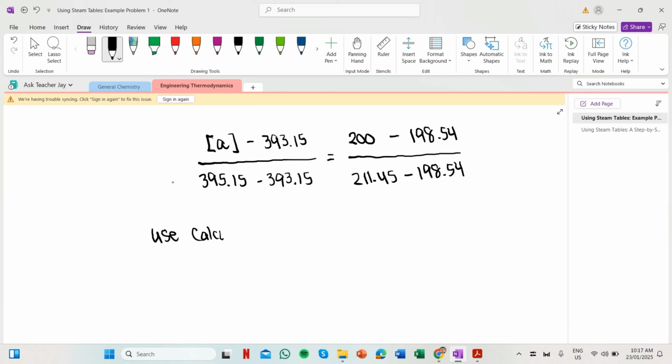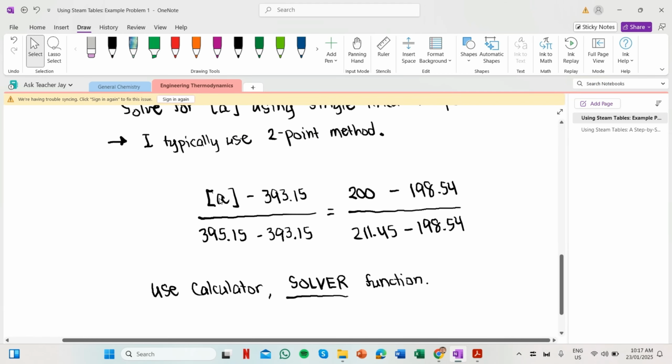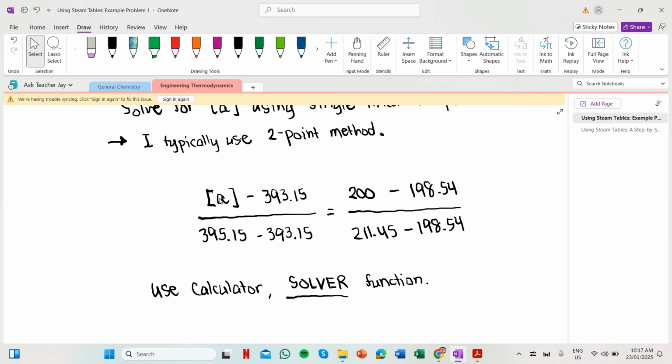I'm assuming here that you already know the solver function, so I won't be demonstrating it in this video, although soon I might be adding that to my playlist. So use the solver function to determine A. You can use any variables. Typically, most students use X for the solver function.